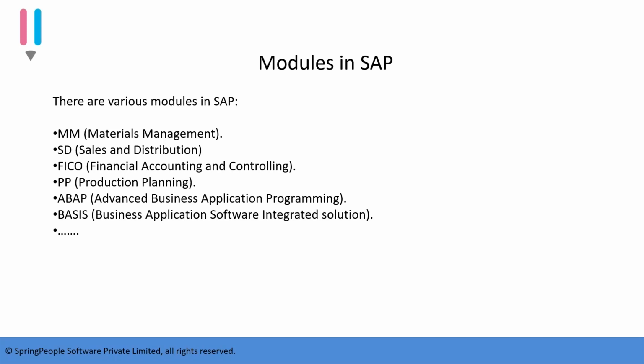Unique requirement means they have some reports or printouts which are not used in any other company. Since this requirement is specific to only one client or one project or one company, there is no solution from SAP, because SAP provides solutions which are used globally, not for any specific company.